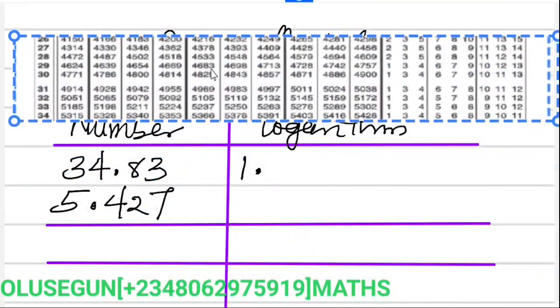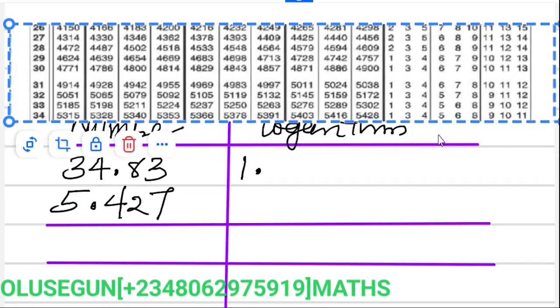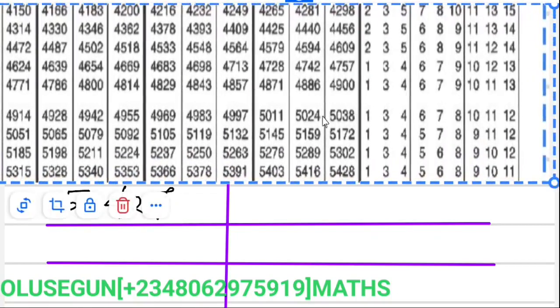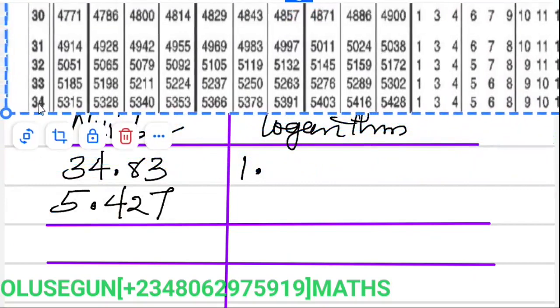Let's see it clearly. You are able to see that this is 34 under 8. You will count, it starts from 0: 0, 1, 2, 3, 4, 5, 6, 7.